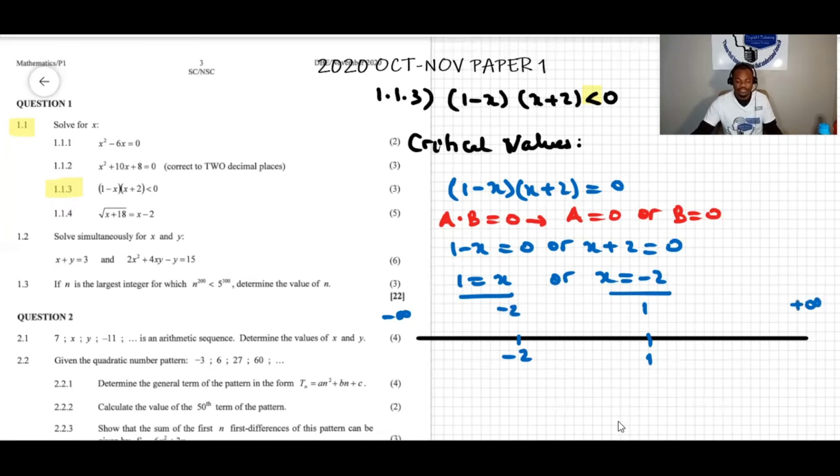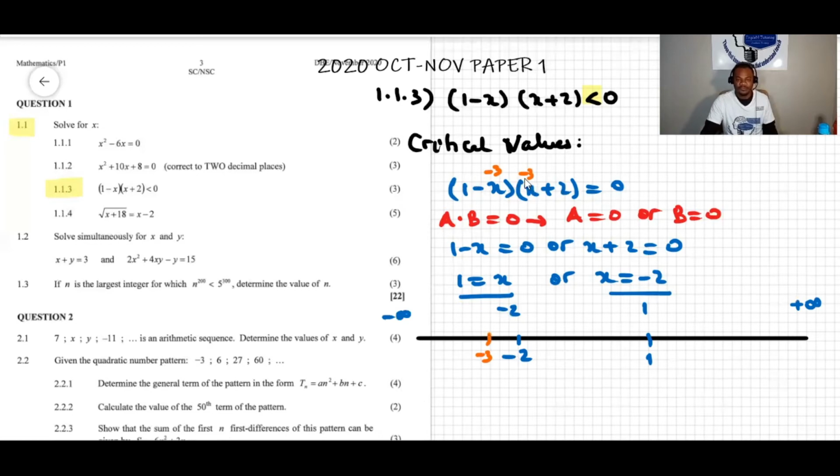Now we need to find where the function is less than 0, meaning negative. I want to pick any number over the interval from -∞ to -2, a number like -3, for instance. If I substitute -3 for x, I will get a positive in the first factor and a negative in the second: 1 minus (-3) makes +4, and -3 plus 2 makes -1.